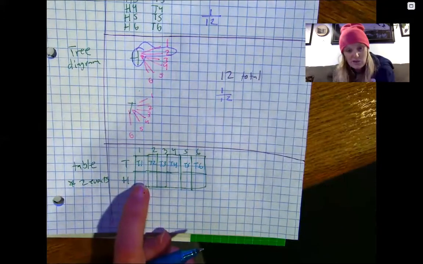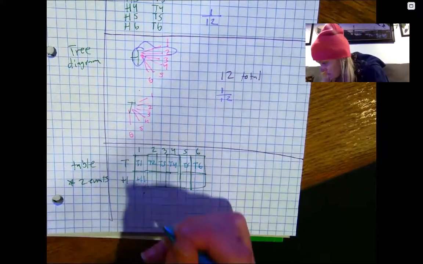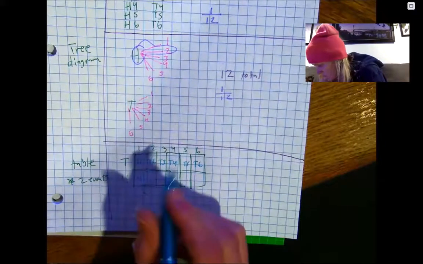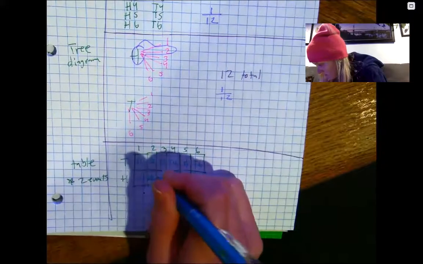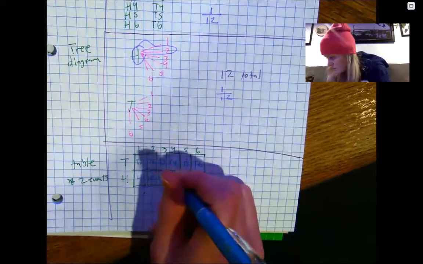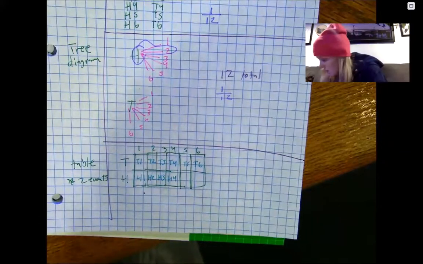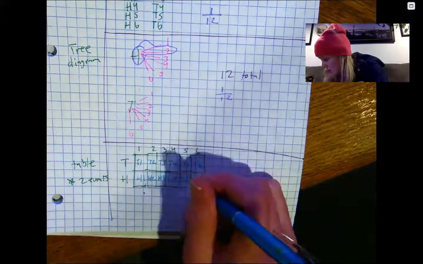Then I bet you could guess what goes here, heads and 1. Here would be heads and 2. Here would be heads and 3. Here would be heads and 4. Here would be heads and 5. And here would be heads and 6.